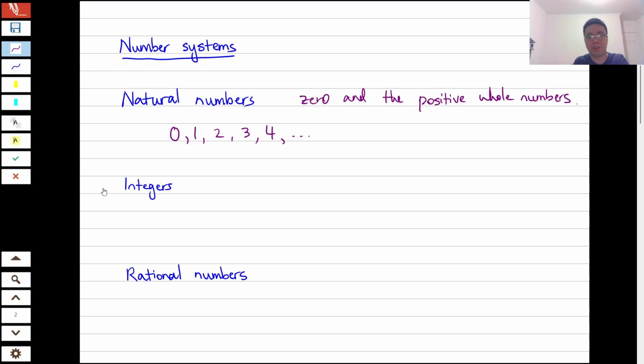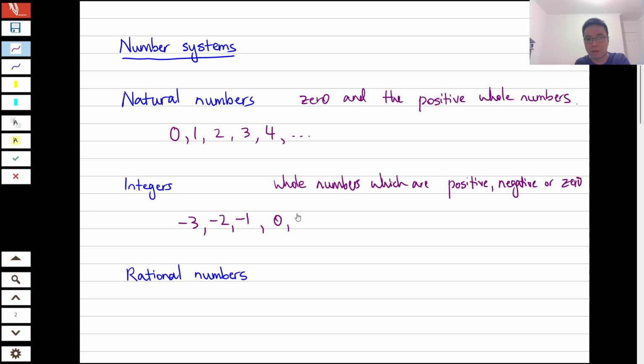And so that brings us to our second number system. This is called the integers. And these are whole numbers, which are positive, negative, or 0. So I could have -3, -2, -1, 0, 1, 2, 3.